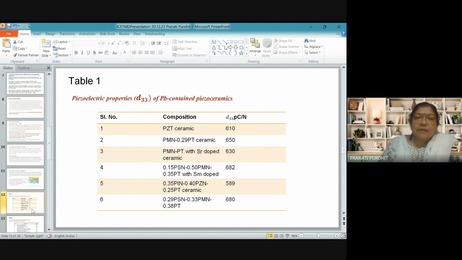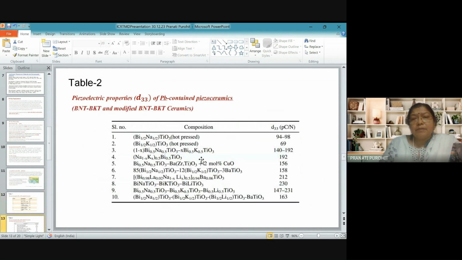This is a table showing the piezoelectric coefficients of some of the lead-based materials, and they show very high piezoelectric coefficients, around 600. And this is the piezoelectric coefficient of the BNT-BKT system. When we see the d33 value, we get a maximum of up to 192.